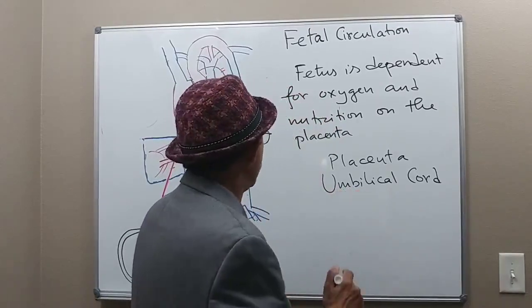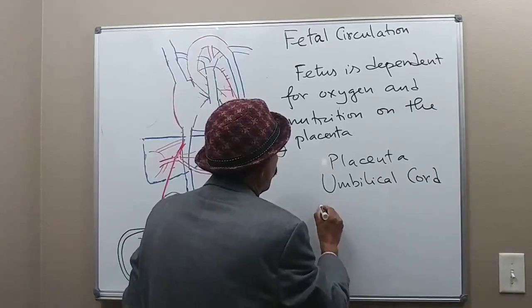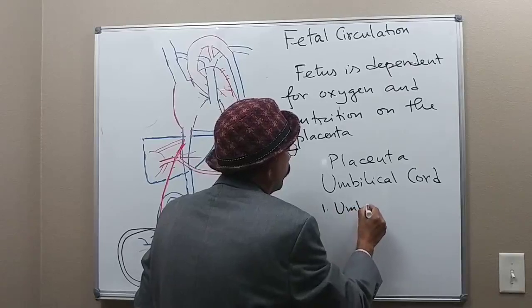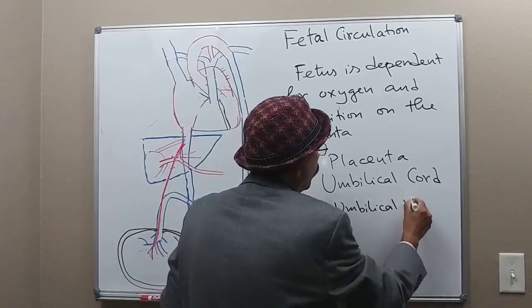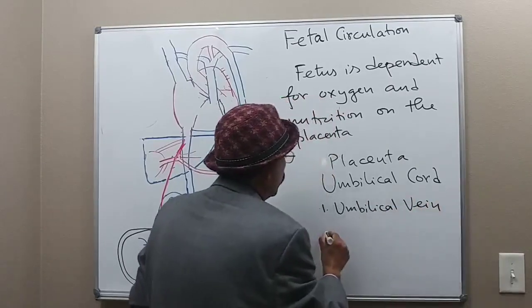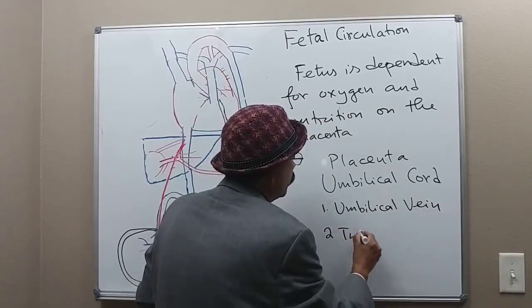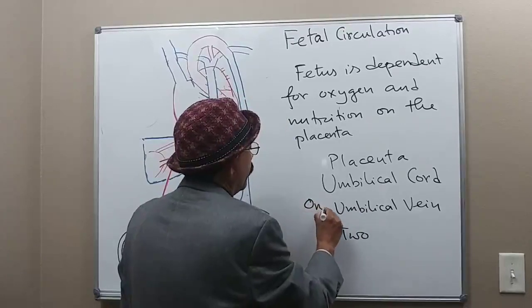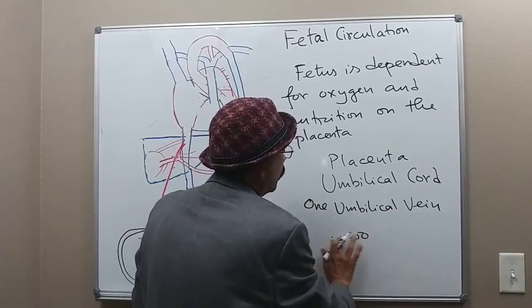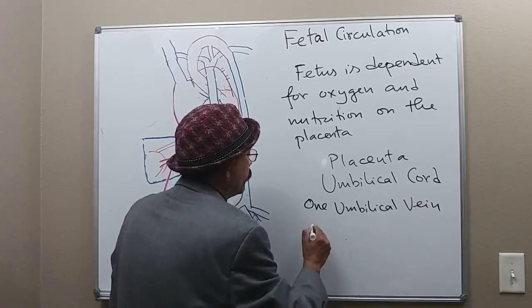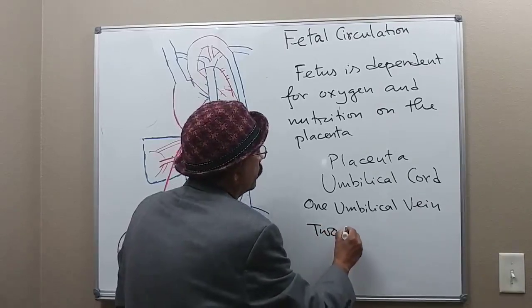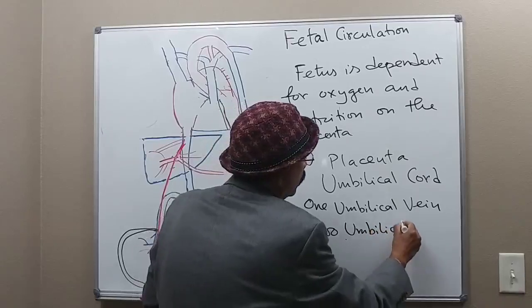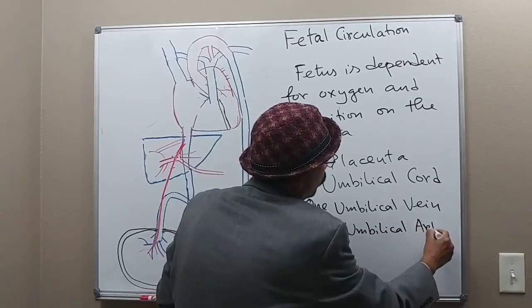In the umbilical cord we get one umbilical vein and two umbilical arteries.